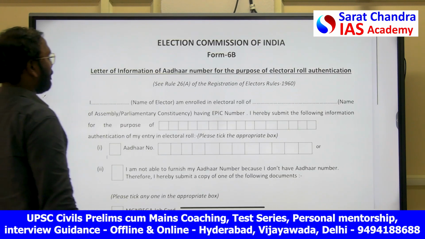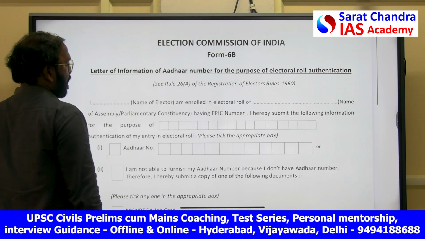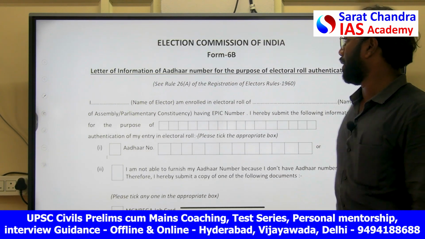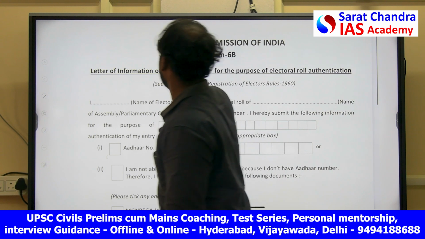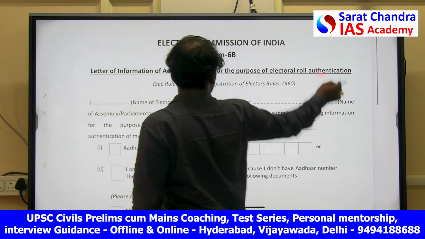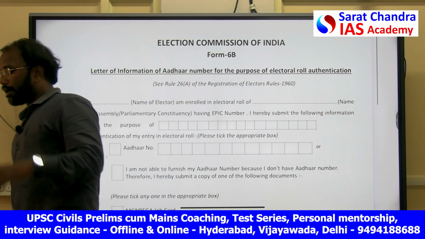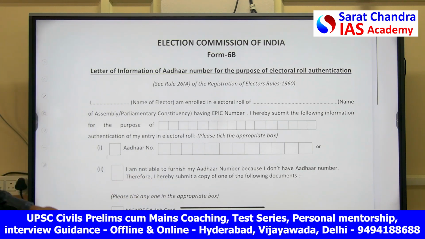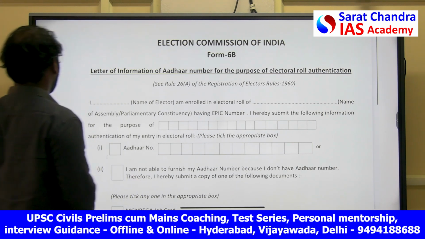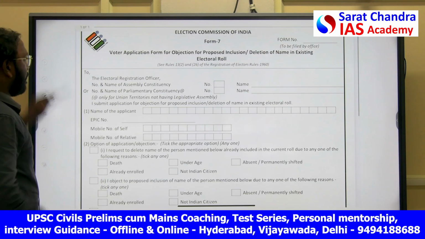Then Form 6B talks about authentication of your electoral roll through Aadhaar, that is, letter of information of Aadhaar number for the purpose of electoral roll authentication. If you are already a registered elector, your electoral roll will be authenticated through Aadhaar. That is Form 6B.